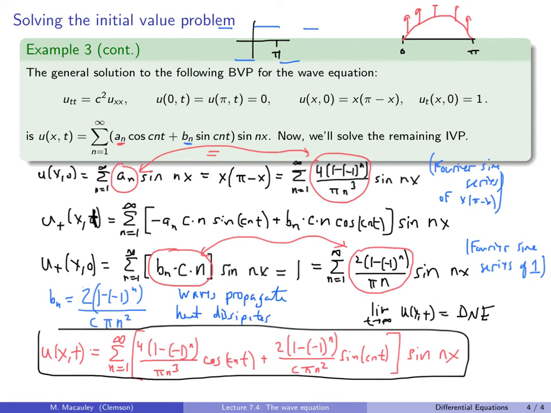So for heat, we get e to the negative c squared n squared t. The fact that waves propagate, we see that in these, I'm just going to say cosine and sine terms, which do not die off. So these terms right here.